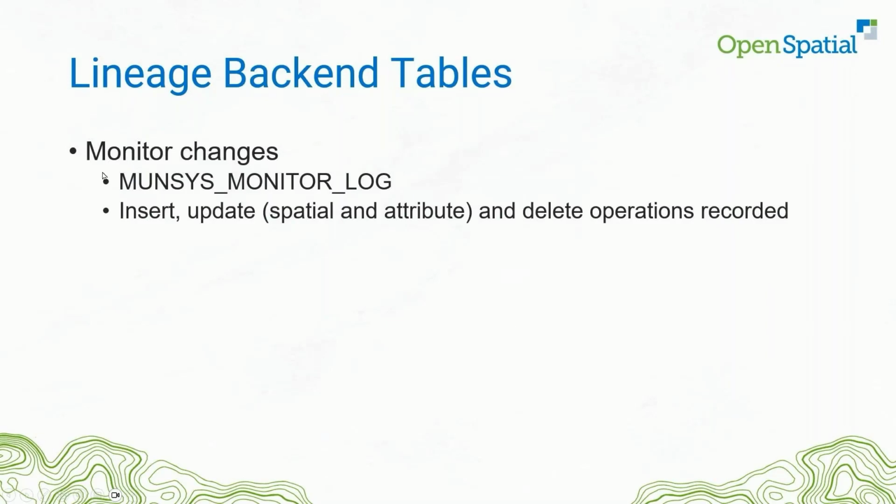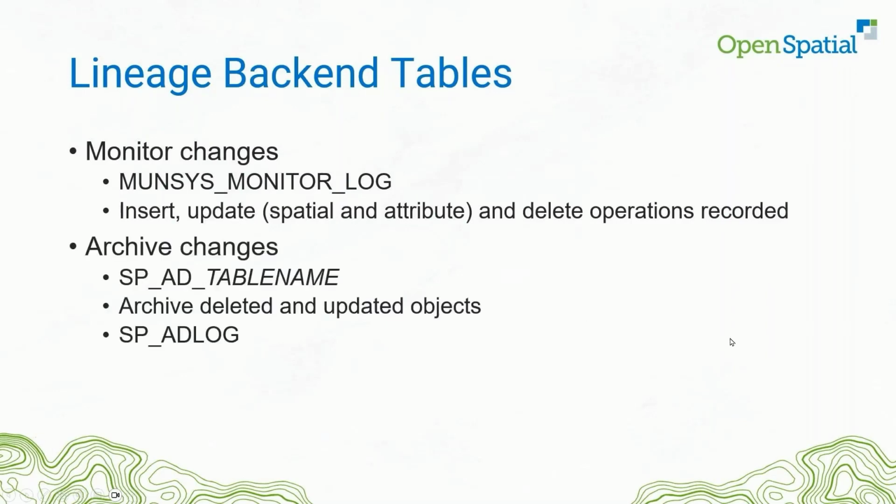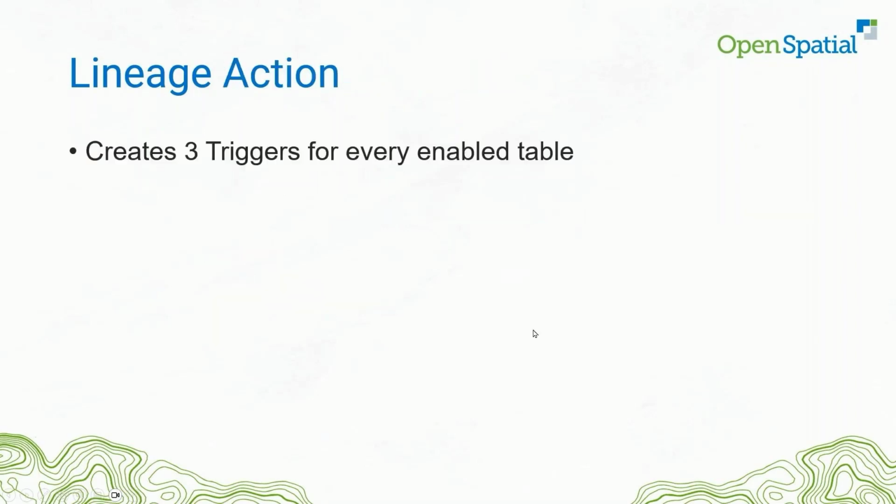It will then also add information into the Munsys monitor log. So it is insert, update, spatial and attribute and delete operations recorded. It creates an AD table. So if it's an SP watt pipe, it will create the SPAD watt pipe, and then an SPAD log for watt pipe.